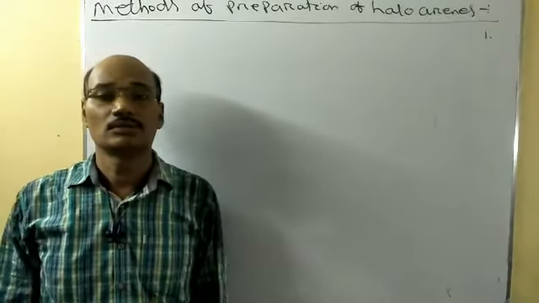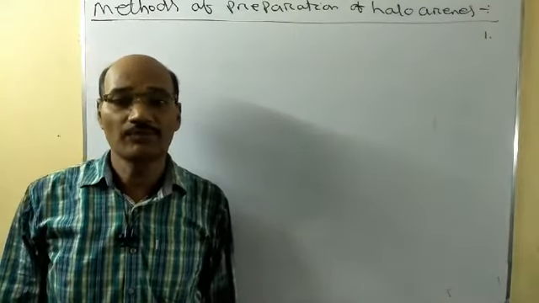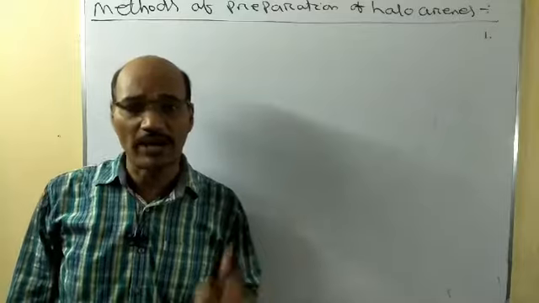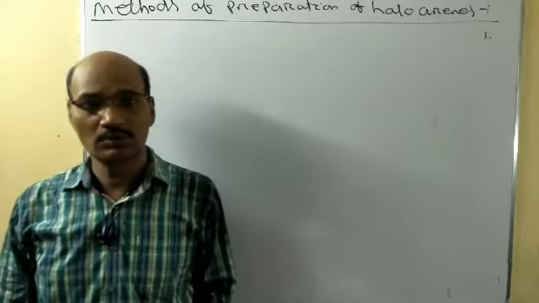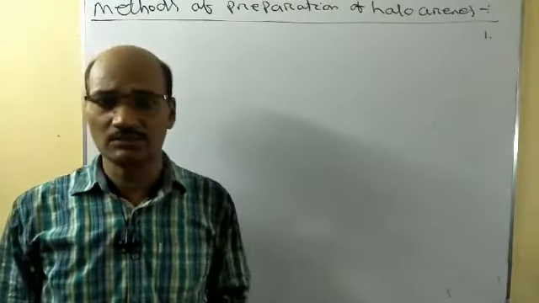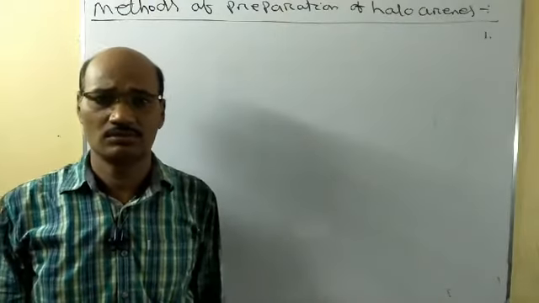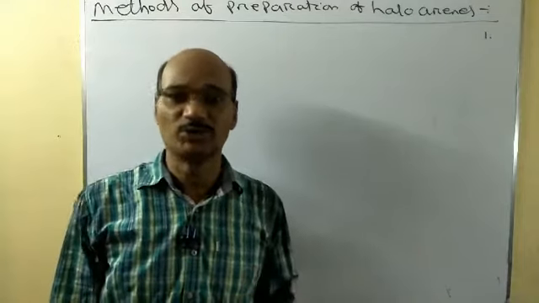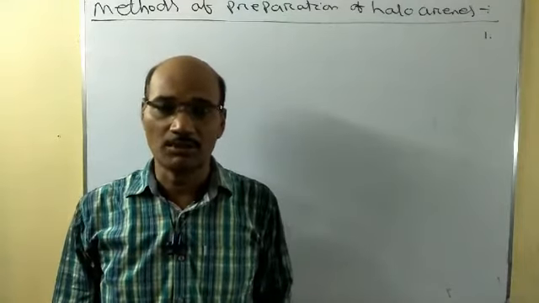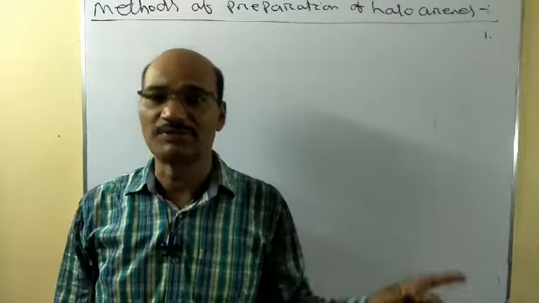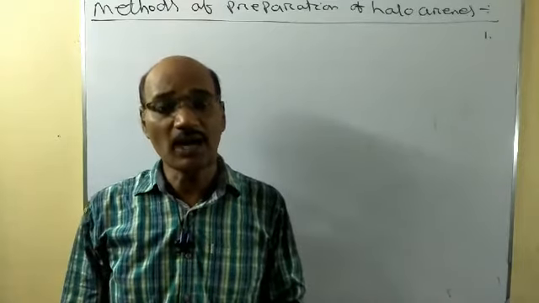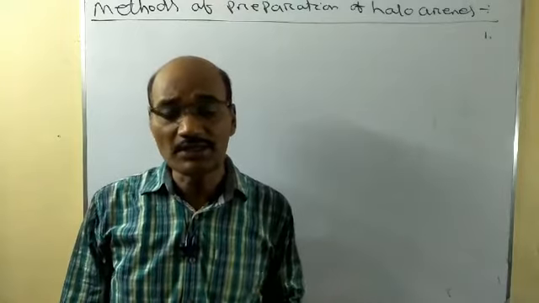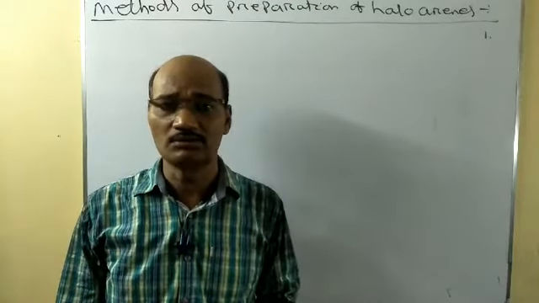Like we have prepared chloro and bromobenzene from benzene diazonium chloride with the help of Sandmeyer reaction or Gattermann reaction, we can also prepare iodobenzene and fluorobenzene from BDC, but the processes are different. We can obtain iodobenzene when you treat benzene diazonium chloride with KI.